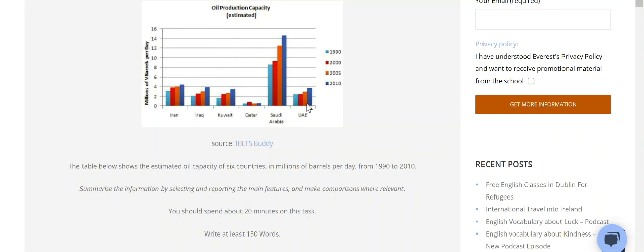The table shows the estimated oil capacity of 6 countries in millions of barrels per day from 1990 to 2010. Summarize the information by selecting and reporting the main features and make comparisons where relevant. So your key point is to summarize, give the main features, and do some comparison where it is relevant.